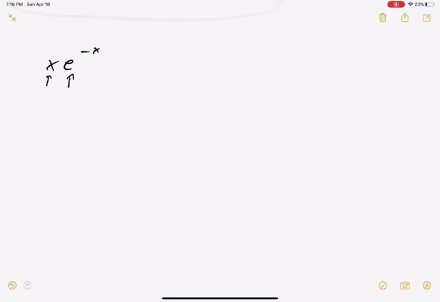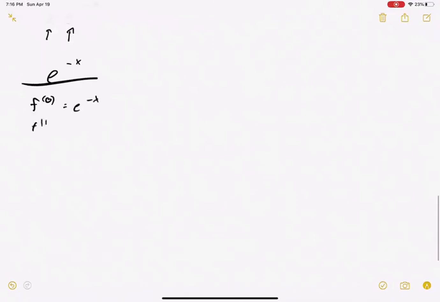So let's forget about x e to the negative x and just consider e to the negative x. All right, let's consider this for a second. f0 is e to the negative x, f1 is negative e to the negative x, f2 is e to the negative x, f3 is negative e to the negative x, right?